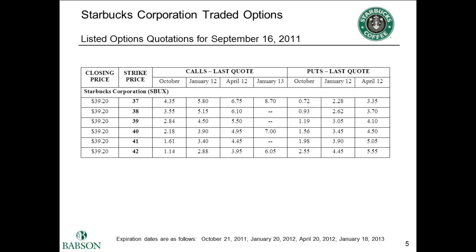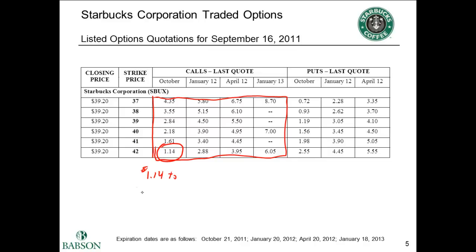Let's go back to the Starbucks example. Here's a set of quotes, and there are a lot of options here. Each one of these cells represents a call option that you can buy. So, for example, it would cost you $1.14.